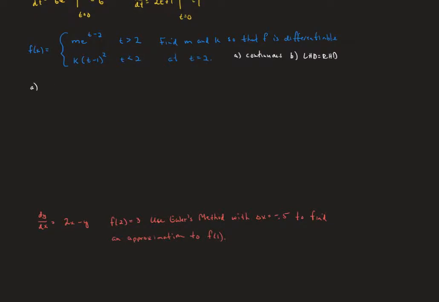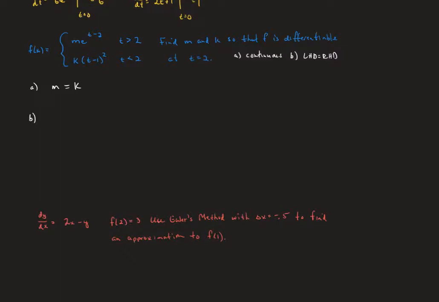So first, the continuity piece. When we plug in 2 for t, that left side is going to be e to the 0, which is 1, times m, so just m, and we need that to be equal to the right side, and we plug in 2, 2 minus 1 is 1, squared is 1, and so m is going to equal k. Well, that was kind of nice.